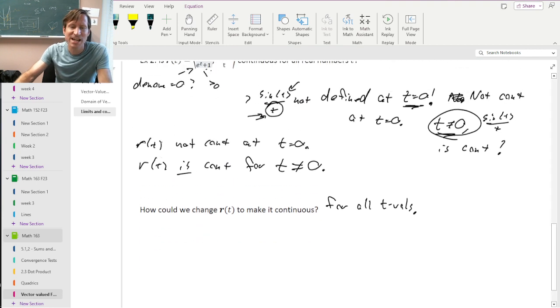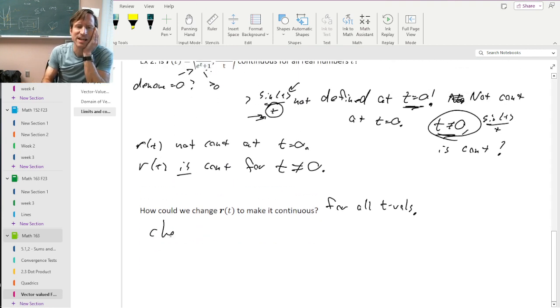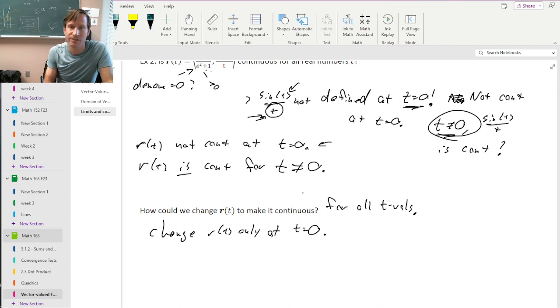So let's change r of t only at t equals 0. Leave the rest of it the same, because t equals 0 is the only place where r of t is not continuous. So the question is, what should r of 0 be? R of 0 is not currently defined, so we have to come up with a value for it.